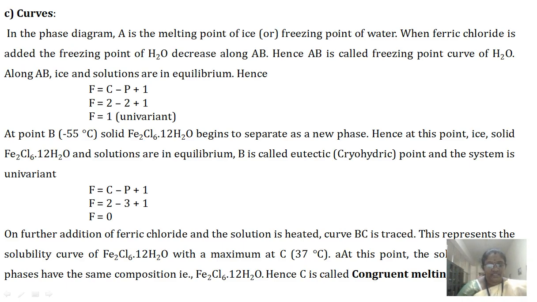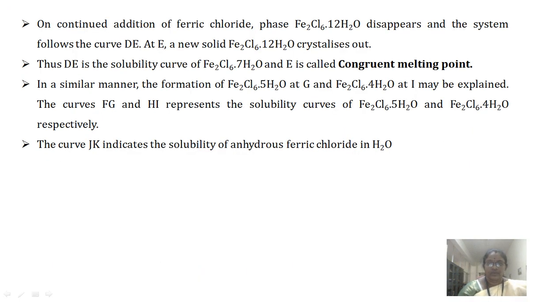And on further addition of ferric chloride to the solution, curve BC is traced. This represents the solubility curve of Fe2Cl6.12H2O with the maximum at C, that is 37 degrees Celsius. At this point, the solid and liquid phase have the same composition and C is called the congruent melting point.